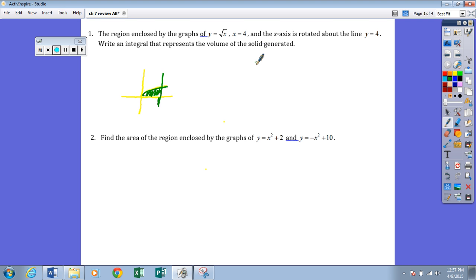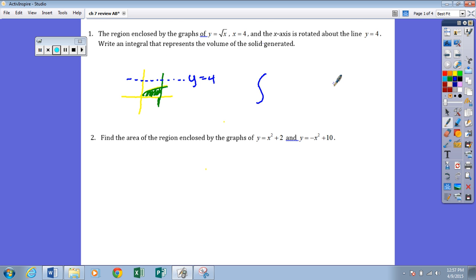And we're going to rotate this across the line y equals 4. So if I want to sketch in my axis or line of revolution, it's going to be up here. Before we try to visualize what's going on, I would find a couple of things first, like the fact that we're rotating it across a horizontal axis.